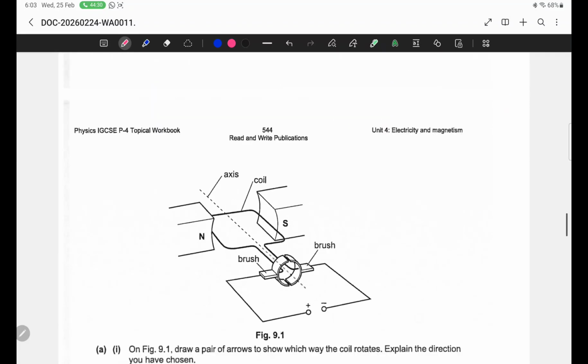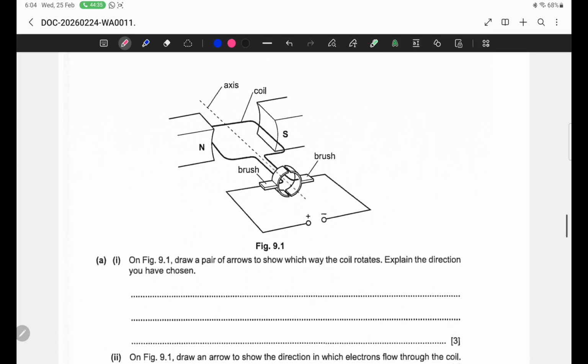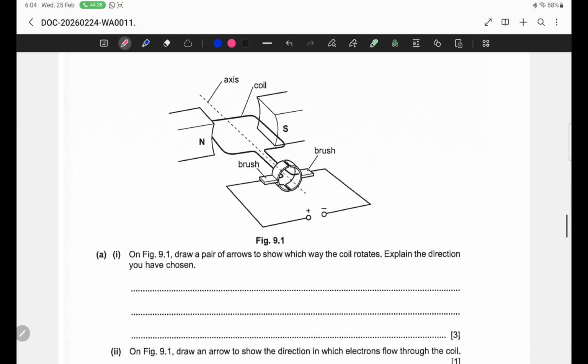And now the next question, I think you can solve yourself, because again the coil is placed between the two poles of the magnet. Draw the pair of arrows to show which way the coil turns. It means again they are asking us to apply the left hand rule. So this is the positive terminal and this is the negative terminal. Atif, can you apply Fleming's left hand rule with me?